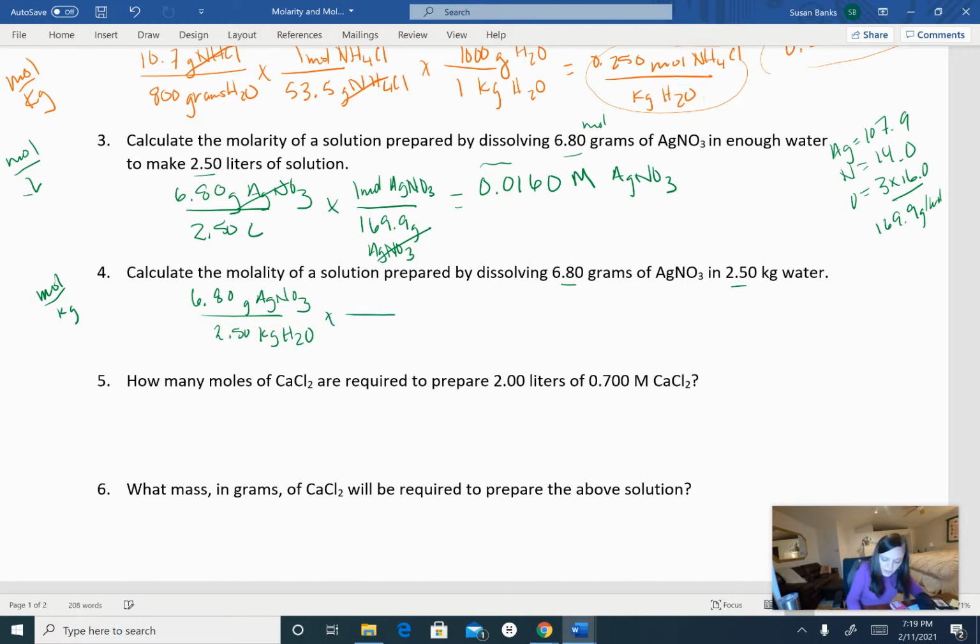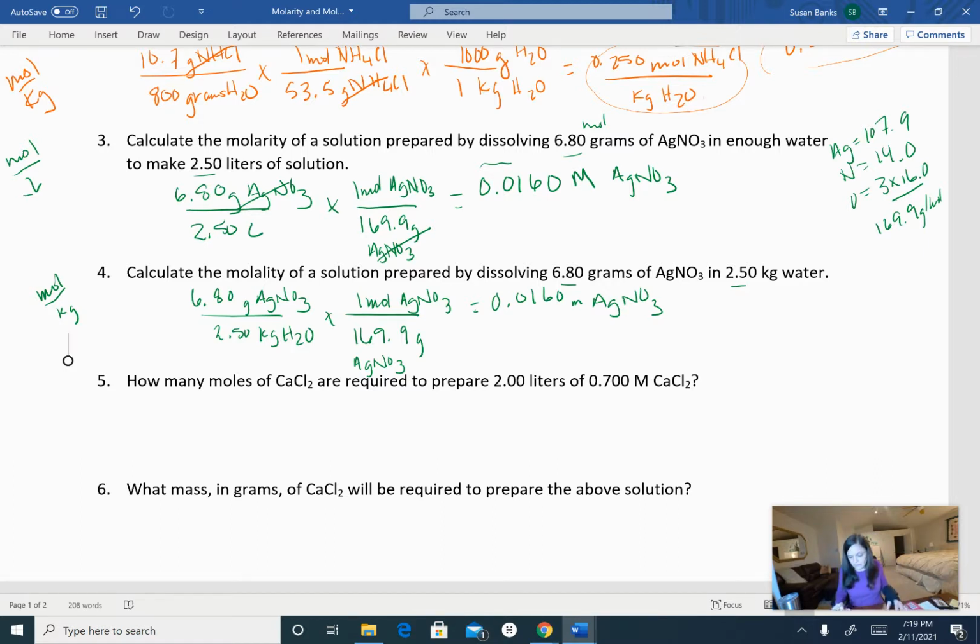We already did our silver nitrate molar mass, so I'm just going to grab it from the problem before. 169.9 grams of silver nitrate will give me 1 mole of silver nitrate. So with our 3 digits there, we're still going to come up with the same answer. We have 0.0160 molal, little m, silver nitrate.